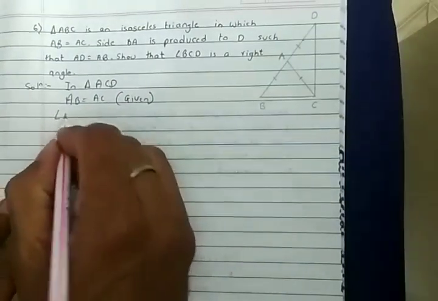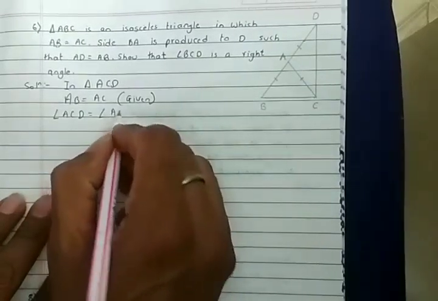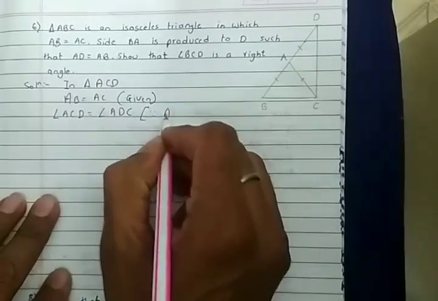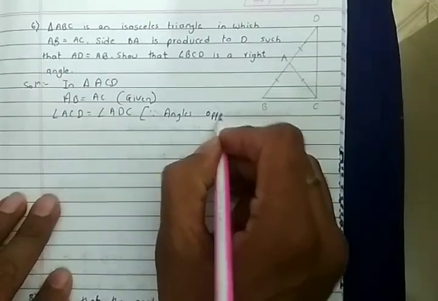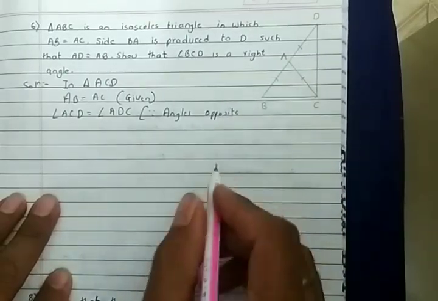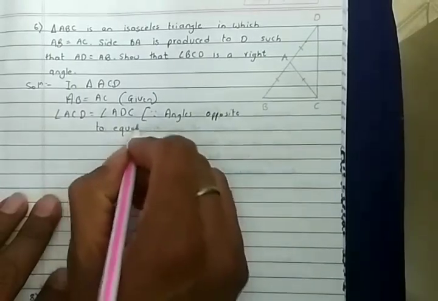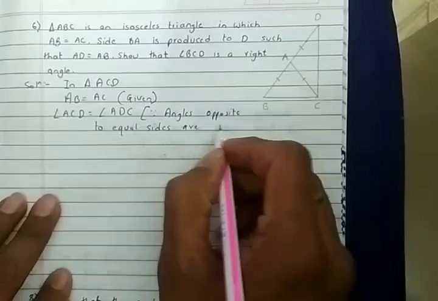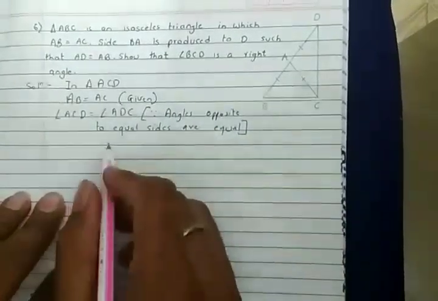So you can write that angle ACD equal to angle ADC because angles opposite to equal sides are equal. We have proved this in theorem.